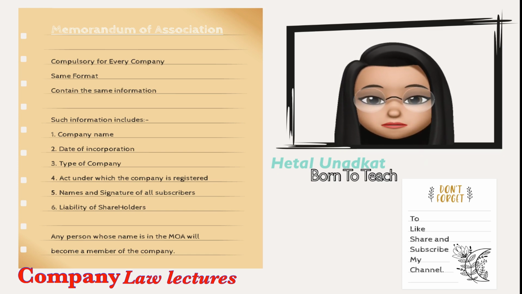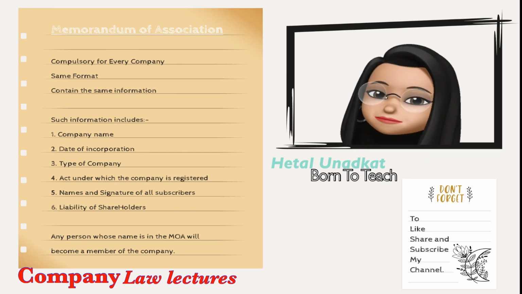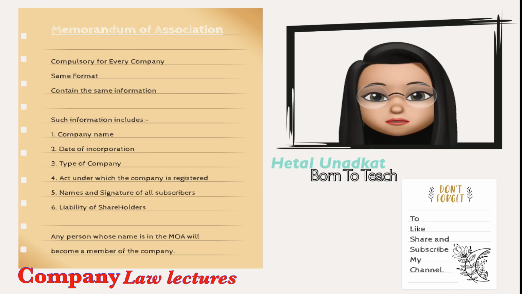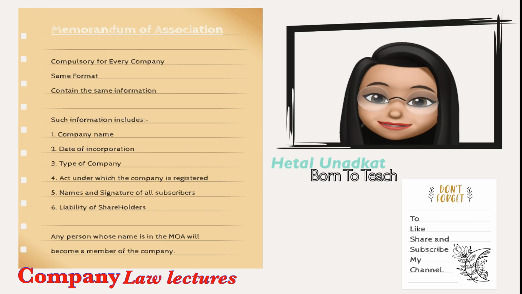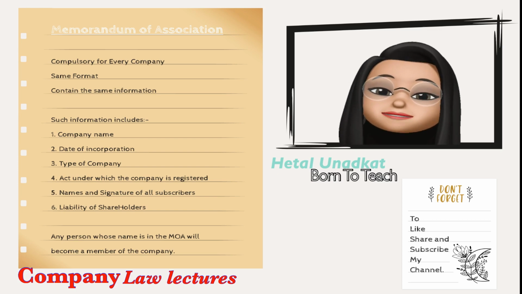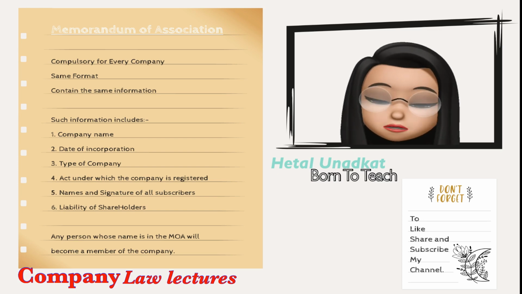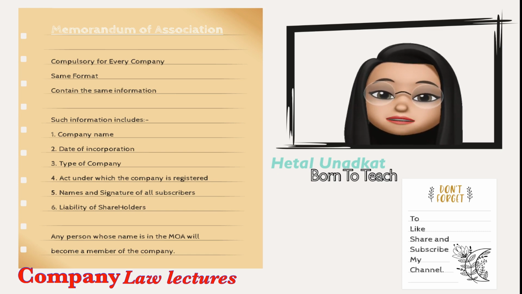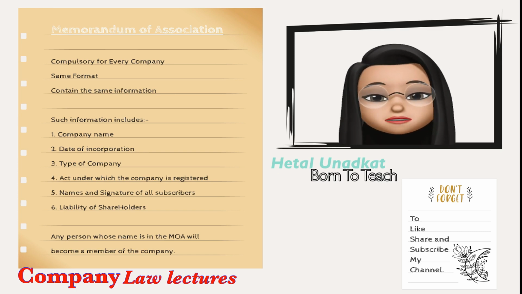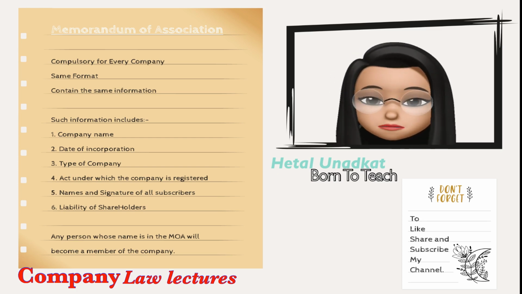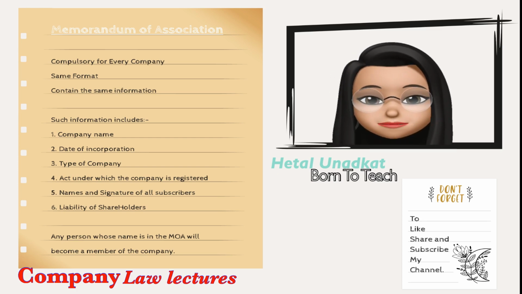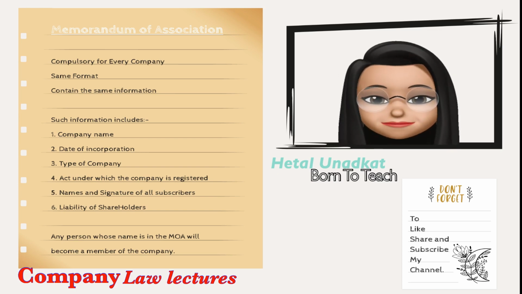In that, we have to provide the company name. The second will be the date of incorporation. In this title, every company needs to give the date on which the company is incorporated. So these are the basic details you need to give in that format: the title and the date of incorporation.